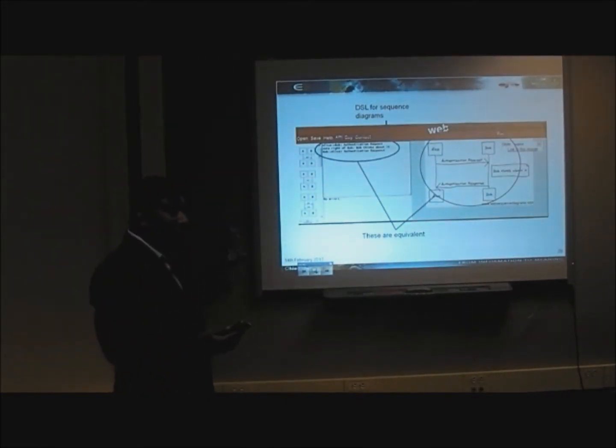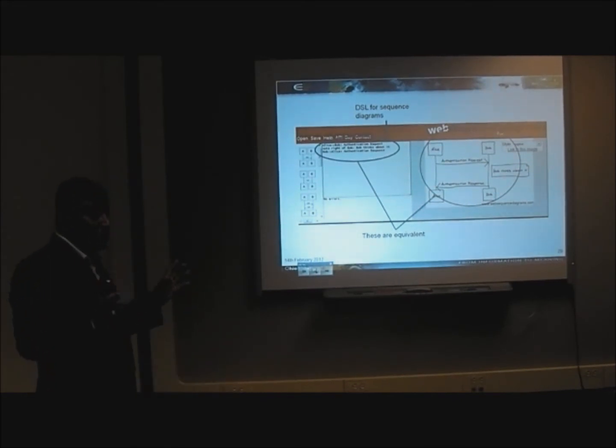These two are equivalent, and in this domain you can only draw sequence diagrams. So our interest is only in sequence diagrams. Our language is tailored to represent these sequence diagrams, and that's all we do. That's all we can do. How it actually draws these things, we don't even care.